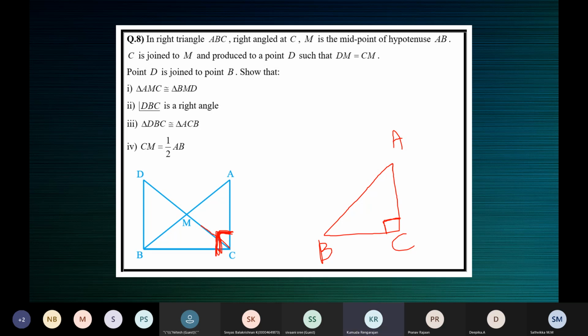Now what is given there? M is the midpoint of the hypotenuse AB. So M not only lies on AB, it's also the midpoint of AB. So what does that tell us?